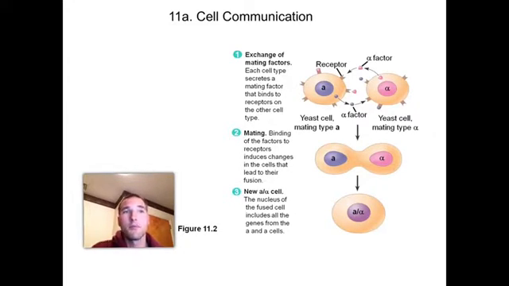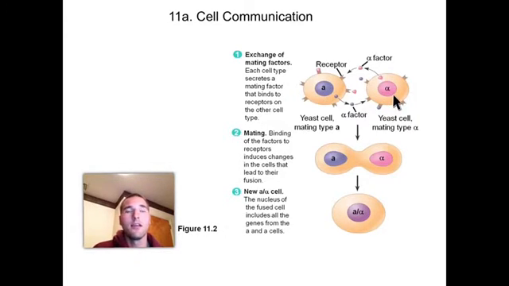They give this example of yeast cells. This was one of the early studies on how communication happens between different cells. Yeast cells can reproduce sexually, where they transfer genetic material and join genetic material. Here they have two different strains of yeast labeled, an A and an alpha yeast.